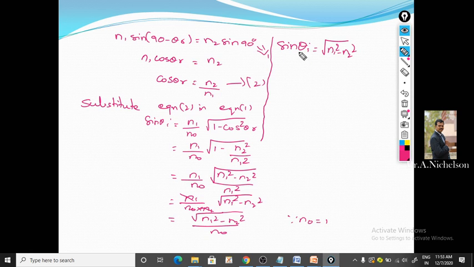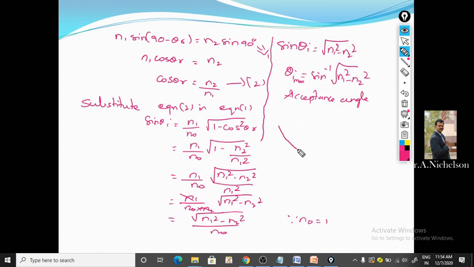Or you can write theta is equal to sine inverse of square root of n1 square minus n2 square. This theta i, you can write as theta i max, the maximum angle of incidence. So theta i max is called the acceptance angle. Why is it called the acceptance angle?